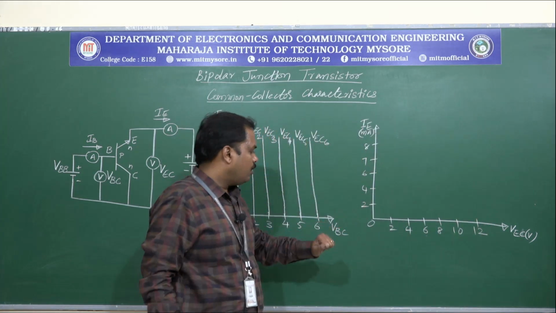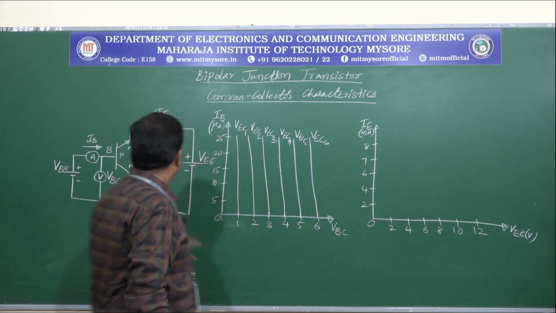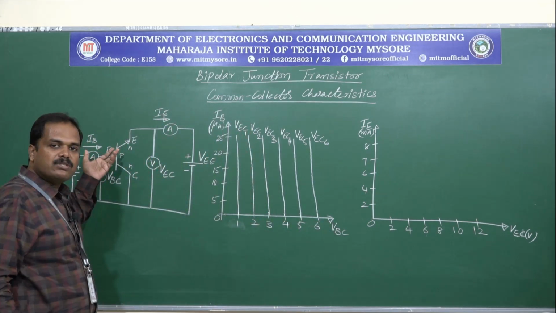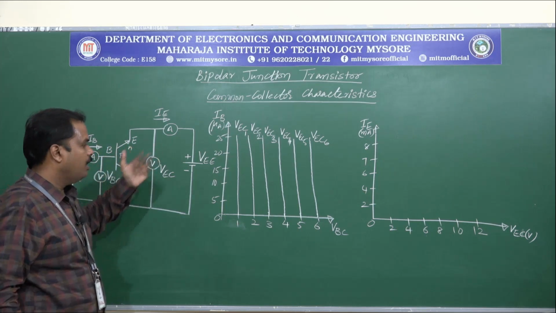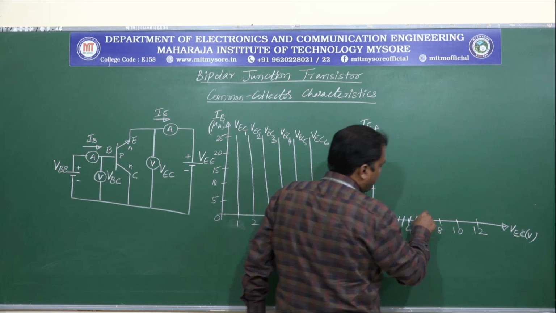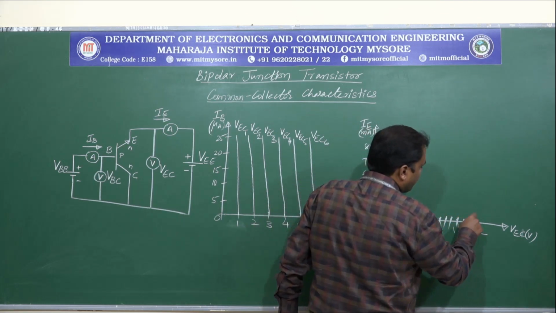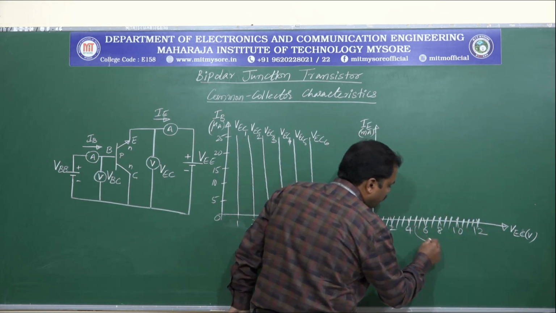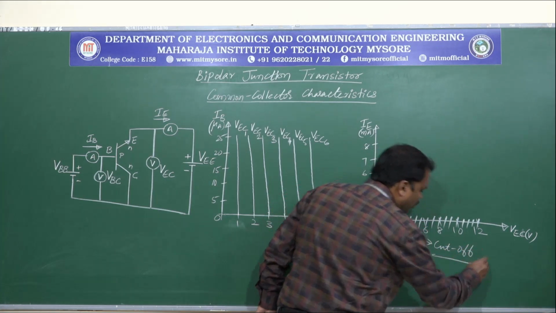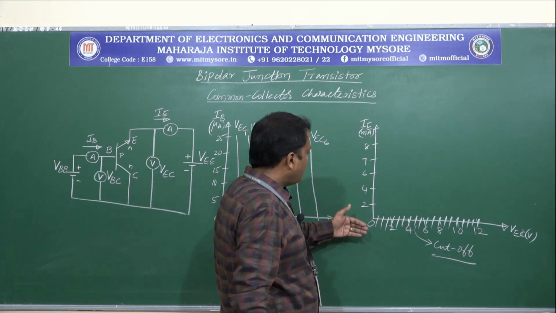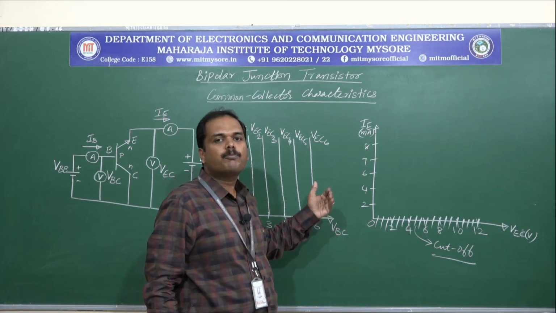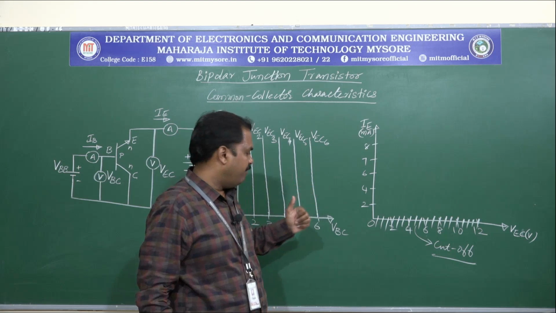So here as we keep IB equal to 0, the input current is 0, so there would be no output current. So here we will be having the cutoff region for IB equals 0. This is the cutoff condition, and as we increase the levels of IB, there will be corresponding output current also made available.